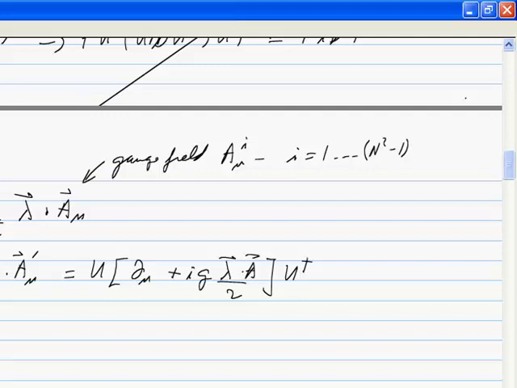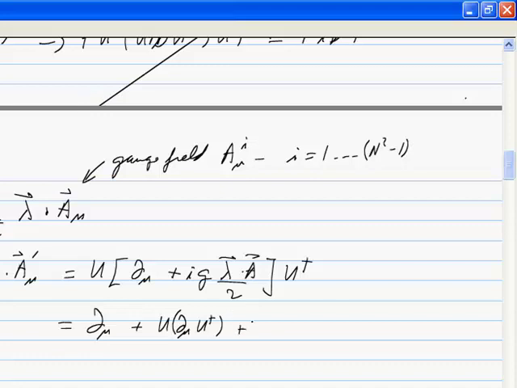If the derivative acts on the U, then I get something non-zero. So the first piece was d mu, and then there's a piece which is plus U d mu U dagger, so that it's acting on the U dagger.